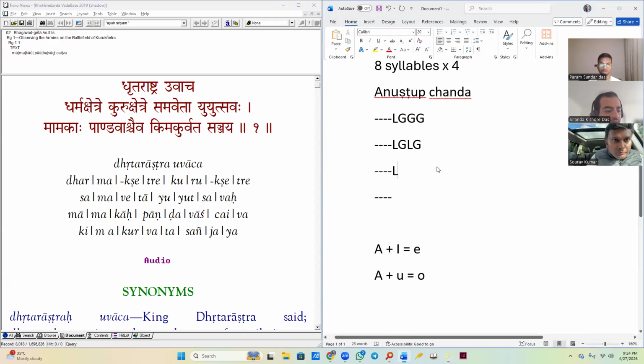Va is long. Cha is long. And then Pa is short. Then Kim Akurvata, Ta is small. Su is long because Nya and Ja is a samyoga, right? Then Ja is short and Ya is short. So this is the pattern of this first verse.